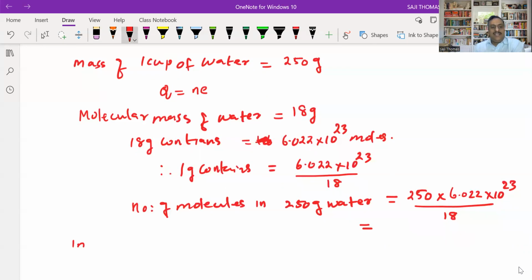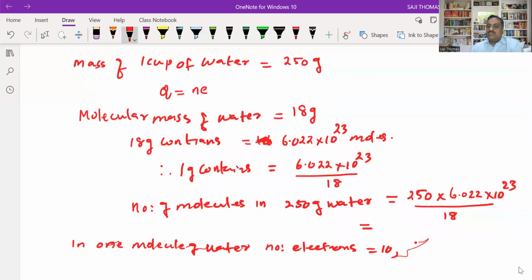In one molecule of water, the number of electrons is 10, and the number of protons is also 10.